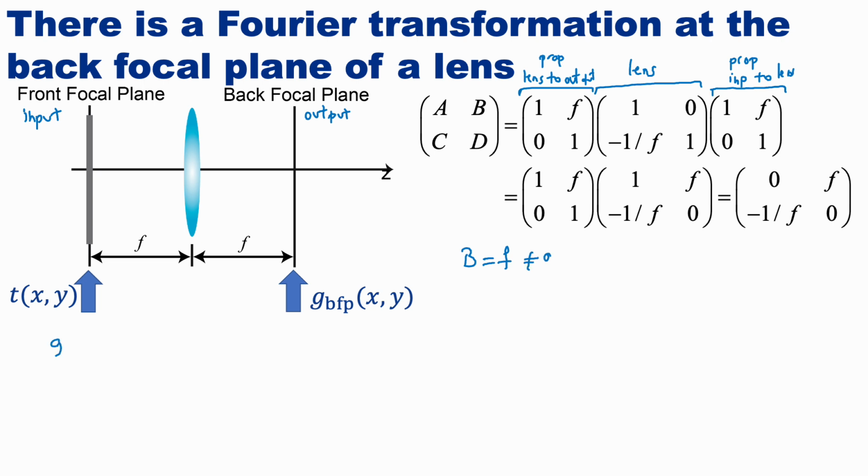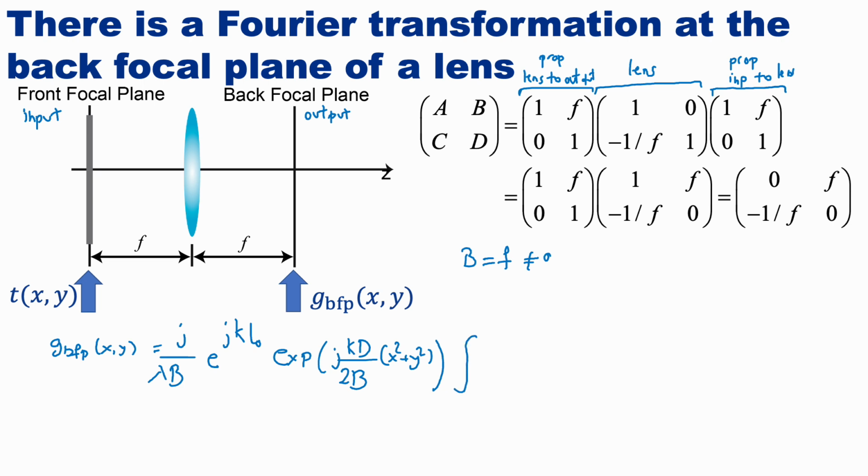So the output at the back focal plane is going to be j over lambda B times exponential of jkL0. Let me copy the formula, and now I'm going to talk about what L sub 0 is, because I put it on the slide, but I ignored it a little bit on purpose.